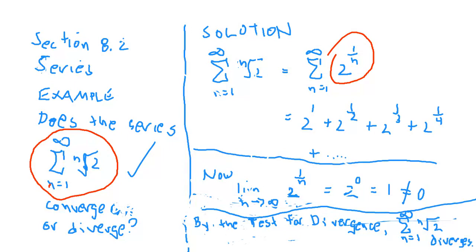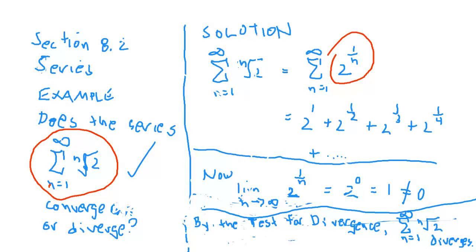The terms of the series are not getting smaller. As a matter of fact, as n gets large, as you go out into the series, the terms are approximately equal to 1. So it diverges. That's right, Yonatan. The series diverges.